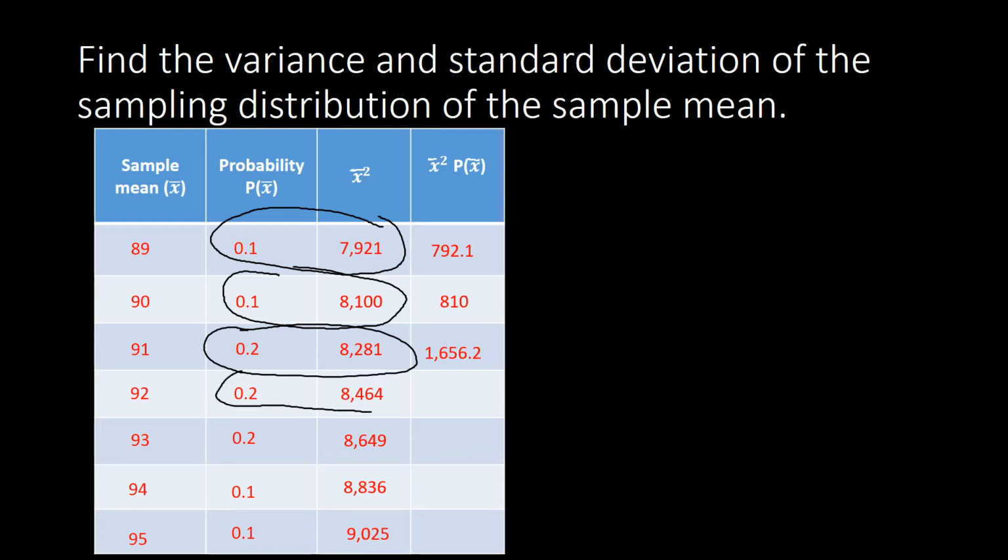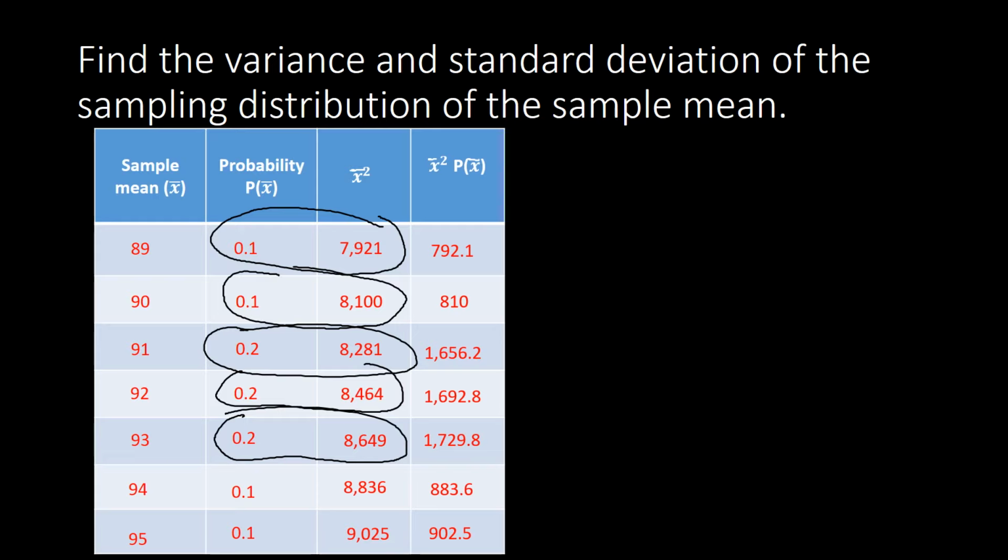And 0.2 times 8,464, that's equal to 1,692.8. And 0.2 times 8,649, that is equal to 1,729.8. And we have 0.1 times 8,836, that is equal to 883.6. 0.1 times 9,025, that is equal to 902.5. So that is the second added column.